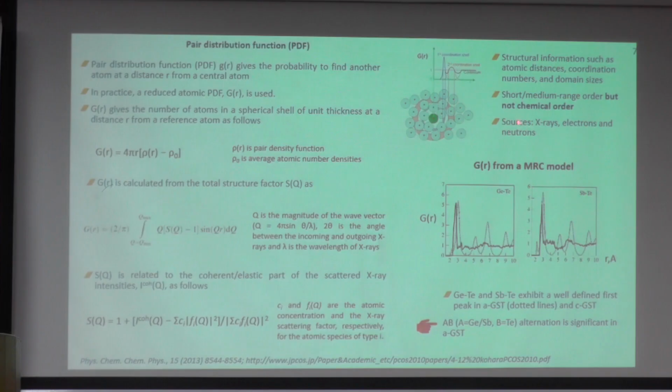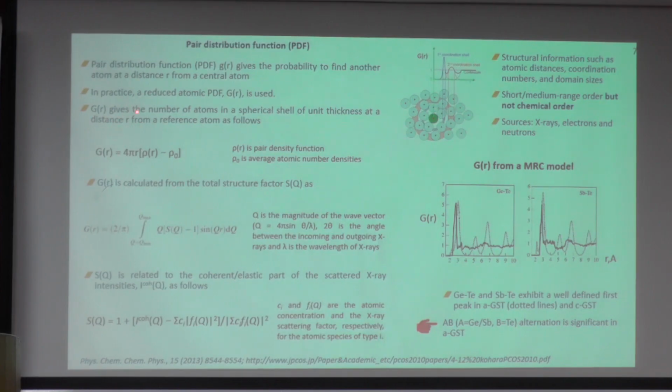And you apply X-rays, electrons, and neutrons to study this short-range order by PDF. Also, Monte Carlo simulation can give you this PDF. You can extract it. If you build your model, you can study it by this PDF. So in practice, this PDF is calculated from the so-called G(r).